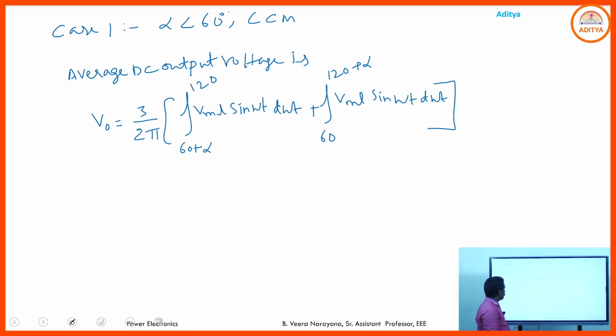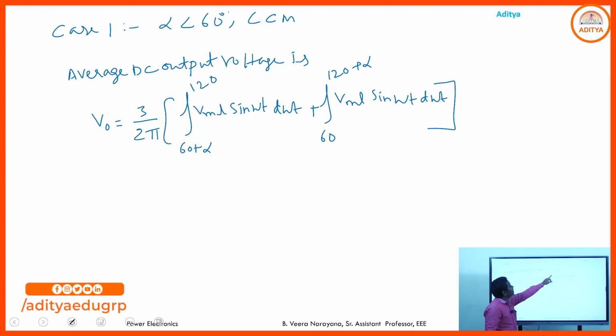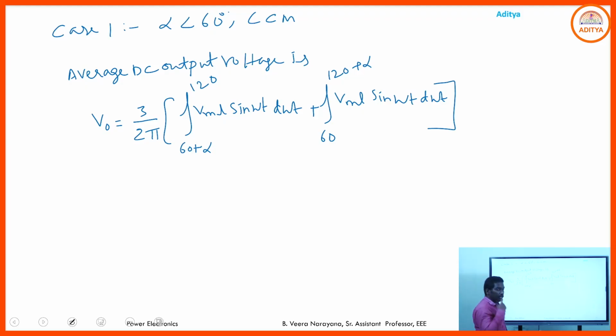If alpha is 0, 60 to 120, no problem. If alpha equal to 30, 90 to 120 and 60 to 180, 120 degrees. If alpha equal to 60, 120 to 120, this is 0 and 60 to 180, 120 degrees duration. So we fulfill the limitations like this.